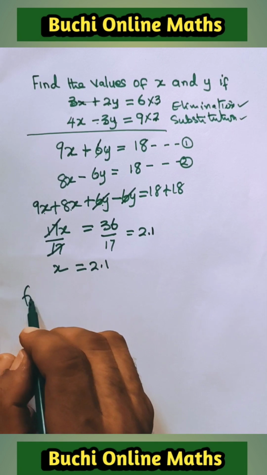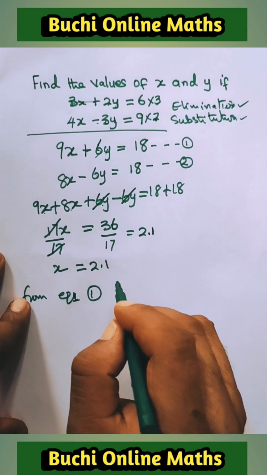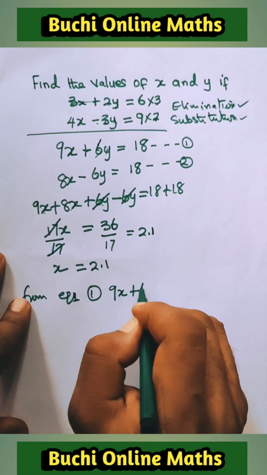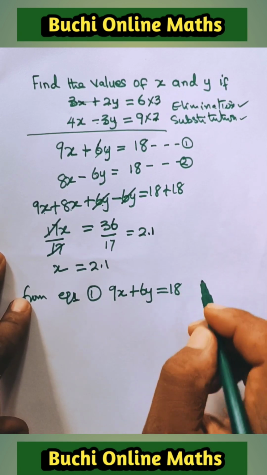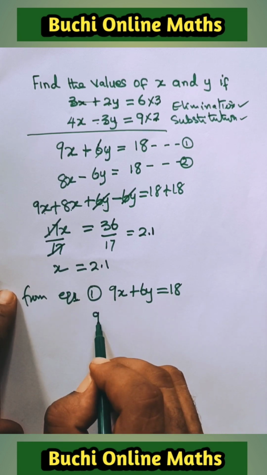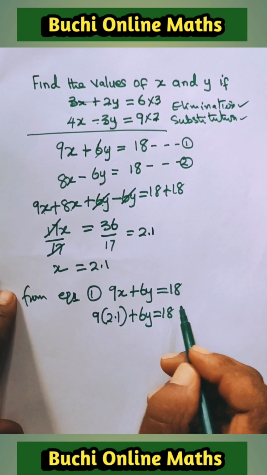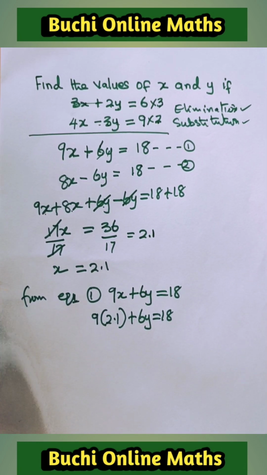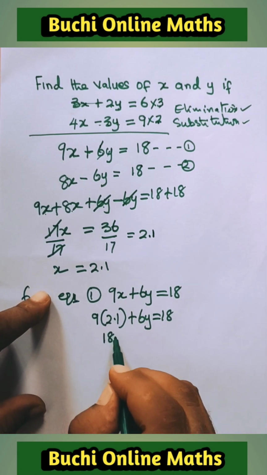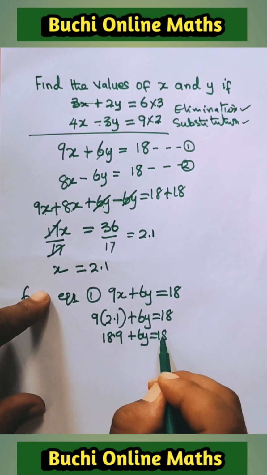So from equation 1, 9x plus 6y equals 18. When the value of x is 2.1, we have 9 times 2.1 plus 6y equals 18. And when you multiply 9 by 2.1, the answer is 18.9. So here we have 18.9, then plus 6y equals 18.